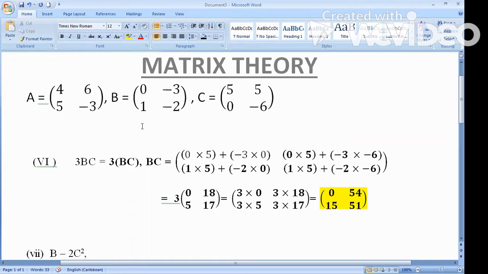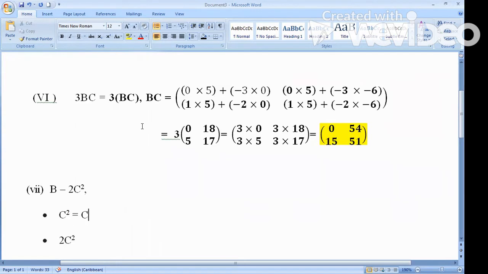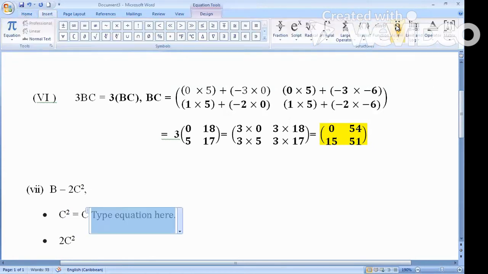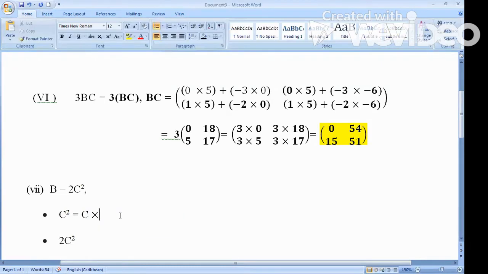I did mention that that's not how you're supposed to do it. So C square is actually C times C. And what is C times C?